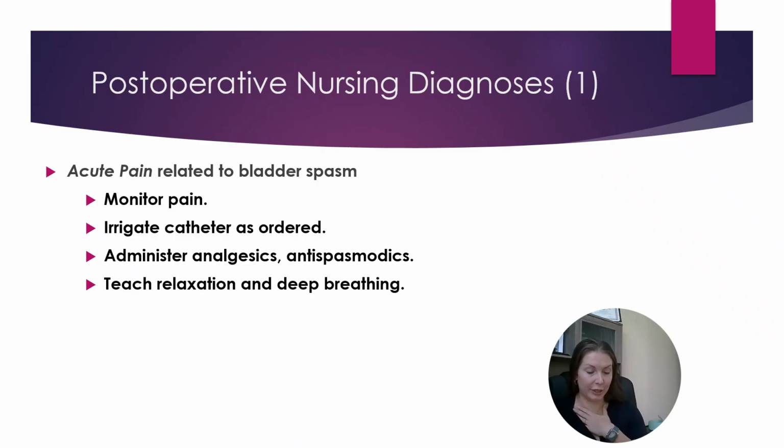Okay, so the B&O suppository is belladonna and opium, and that helps to reduce the bladder spasm. These are going to be locked up, well, not locked up, in a narcotic count due to the opium, though.